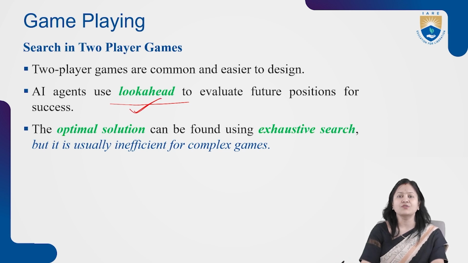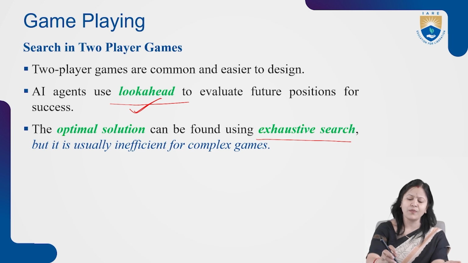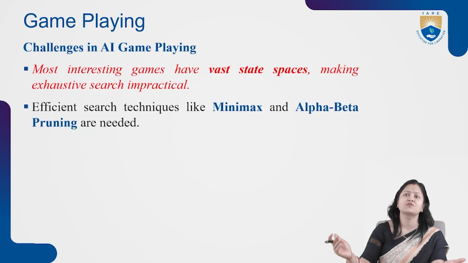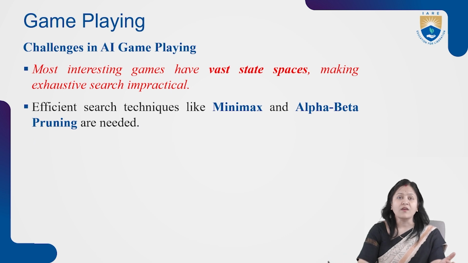The optimal solution can be found using exhaustive search, but it is usually inefficient for complex games. Exhaustive search is nothing but our heuristic search like A star or AO star, BFS, best first search. But in game playing we cannot use exhaustive search because the state space is very vast. That is the challenge in AI game playing.